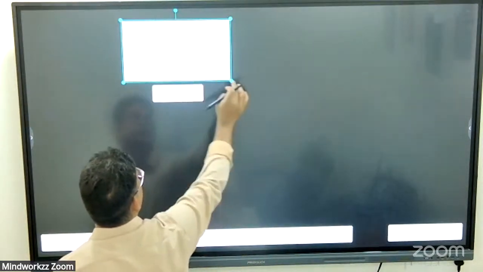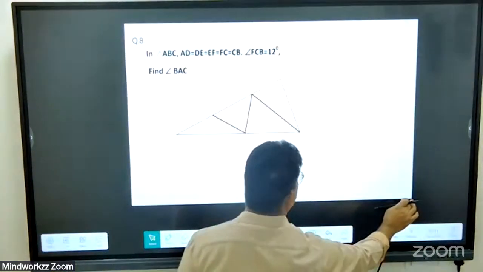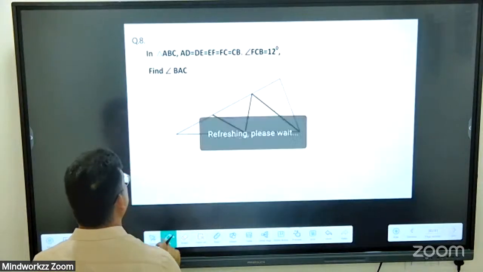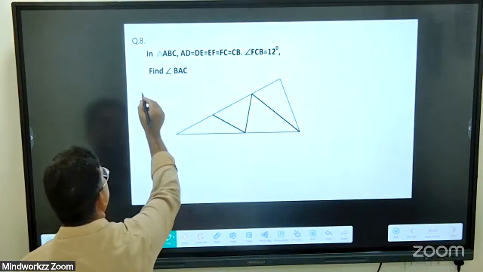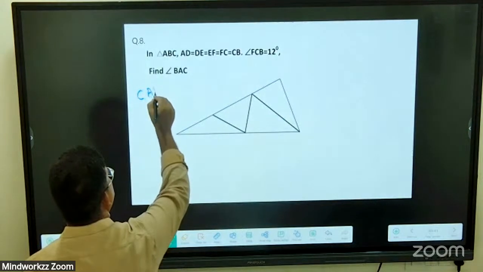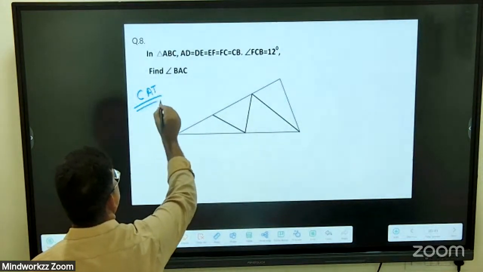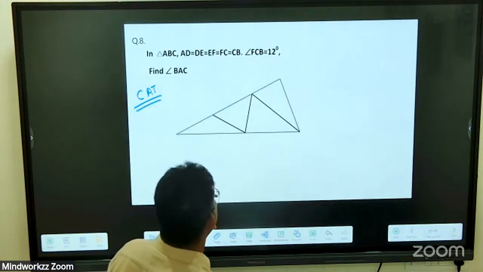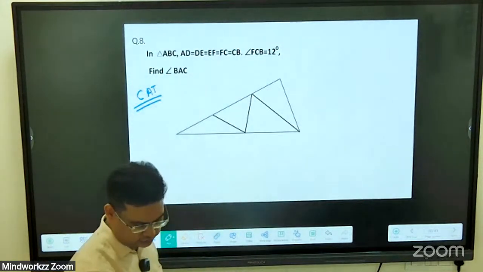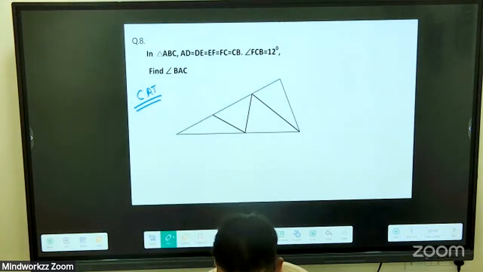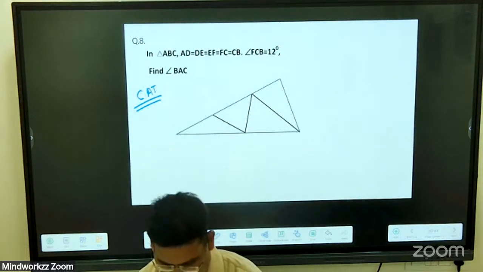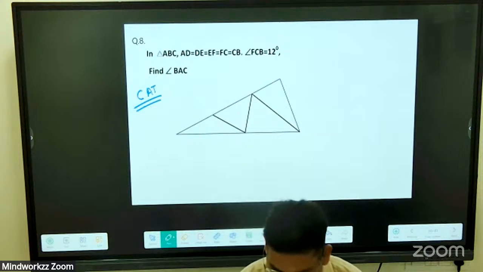This is again a CAT question. Please ensure that you don't make the mistake which you did last time. I'll mark the triangle for you. Okay, so Jackie says, please explain equation 1.